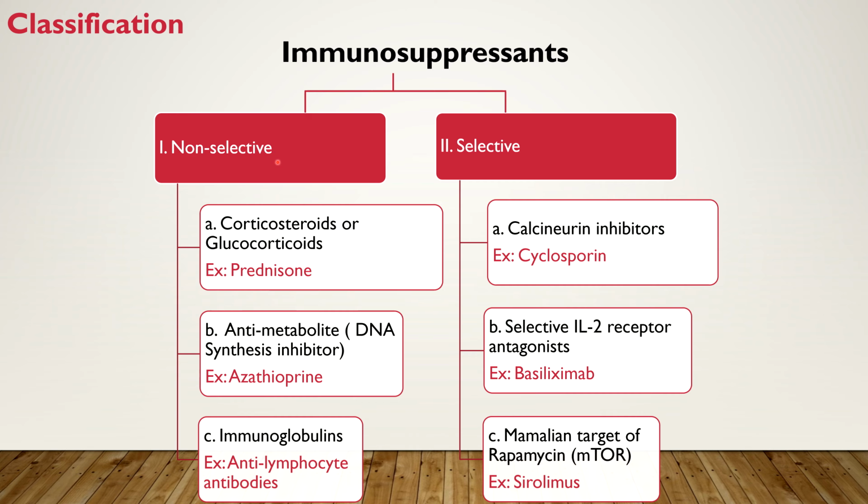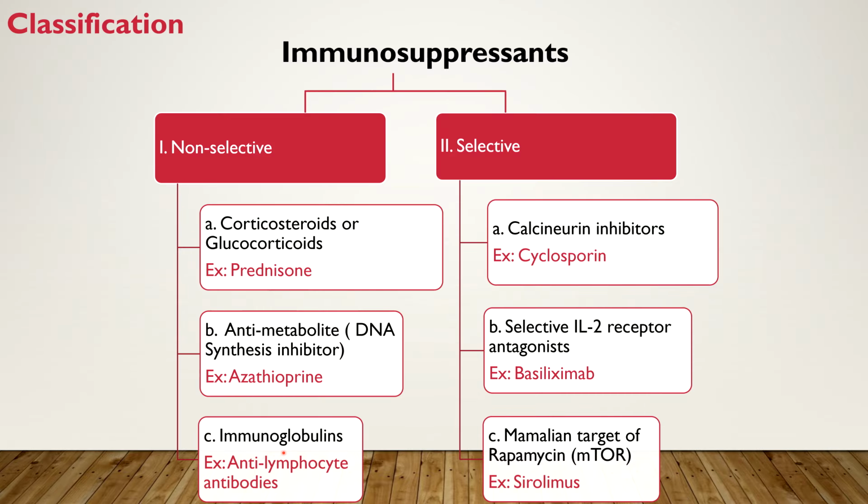Let me see what the sub-classifications of non-selective and selective are. Non-selective immunosuppressants are sub-classified into three types. The first one is corticosteroids or glucocorticoids, example prednisone. The second class is antimetabolites. These inhibit DNA synthesis, so we call them DNA synthesis inhibitors, example azathioprine.